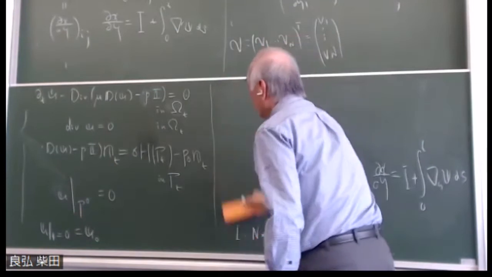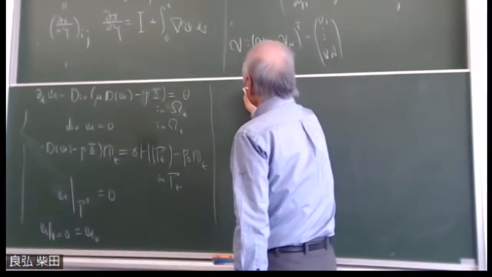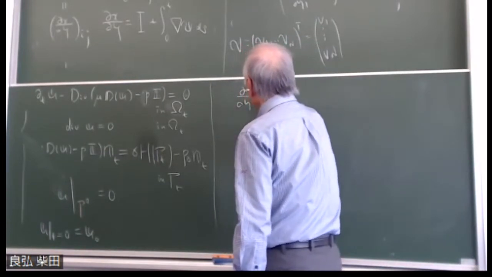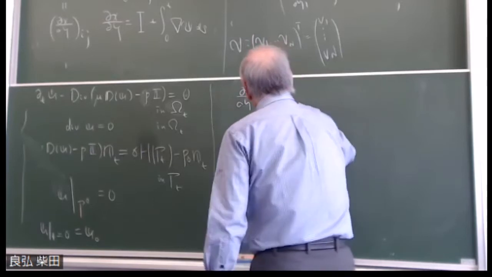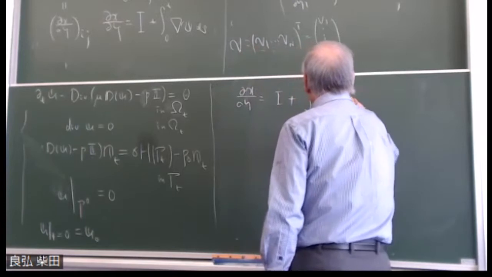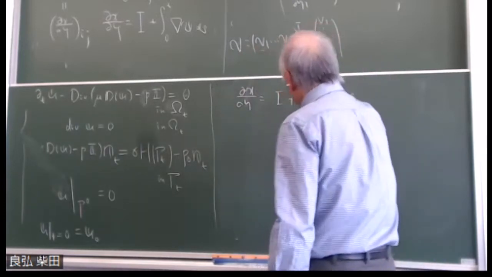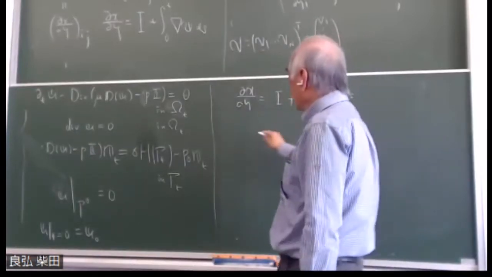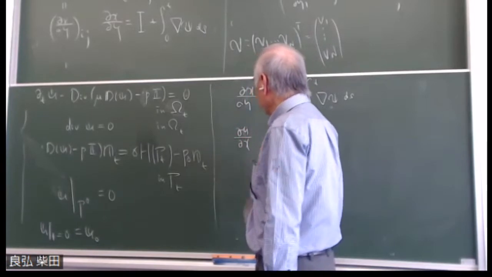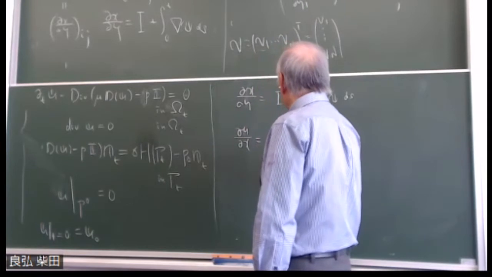What I say is that now dy over dx is again I plus the integral from 0 to t of the gradient of b ds. Then, of course, we assume that this part is small, so we have the inverse matrix, I plus.